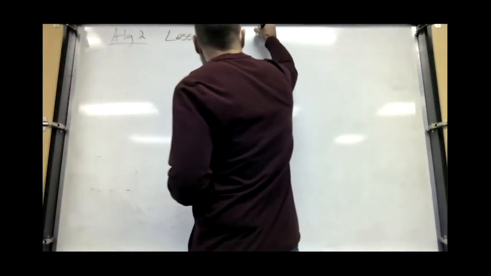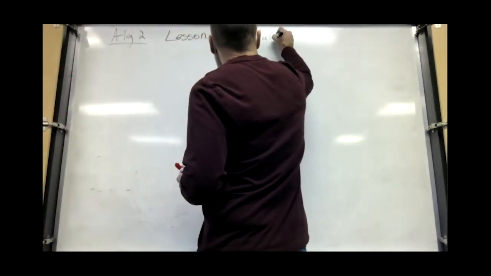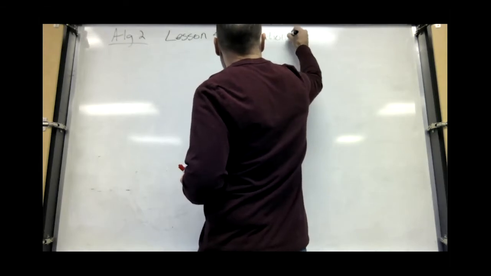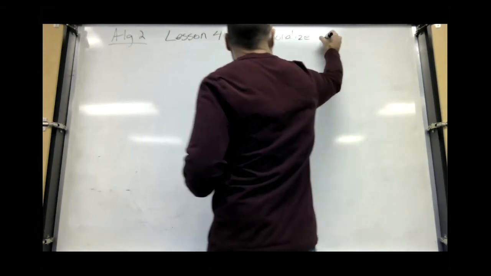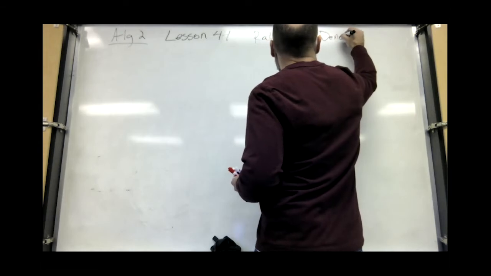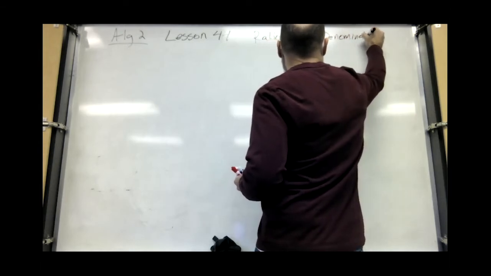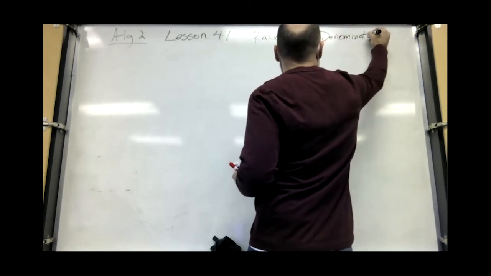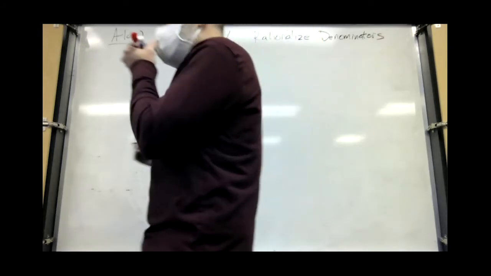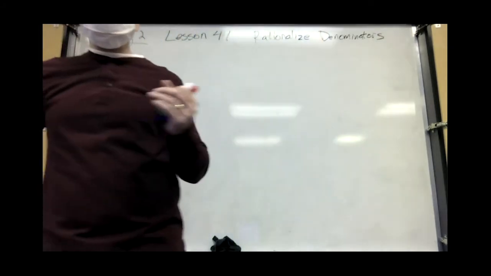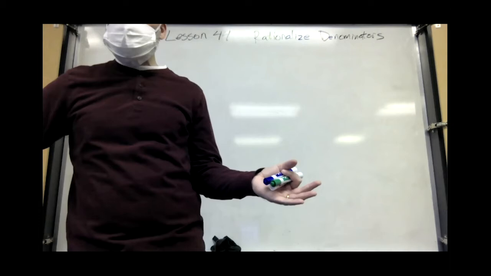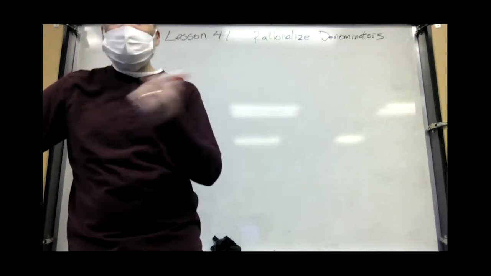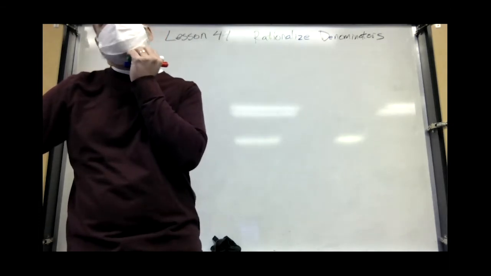Okay, we're going to rationalize denominators. We did this in Algebra 1. So here's the rule. You can't have an irrational number in the denominator. Do you guys remember what some examples of irrational numbers are? Pi. So you can't have pi in the denominator.